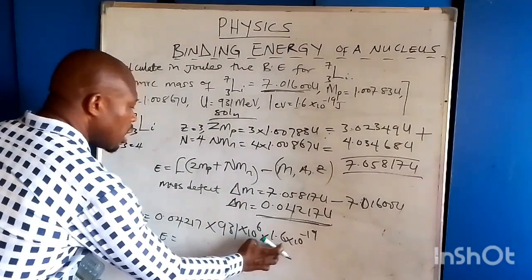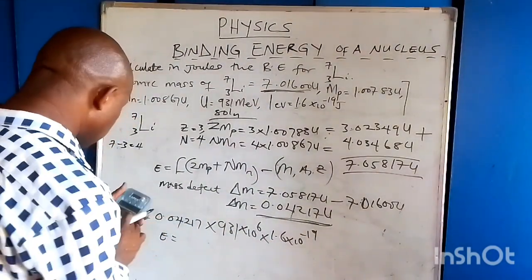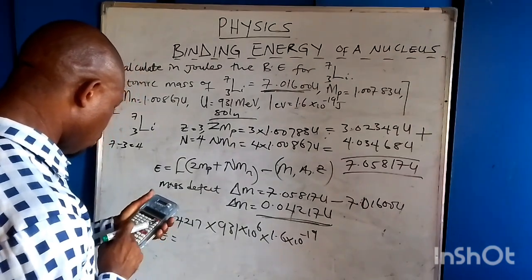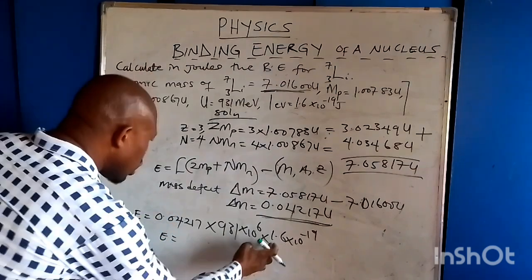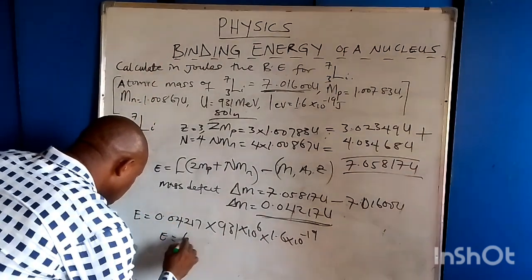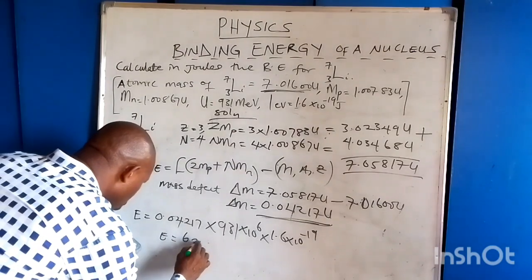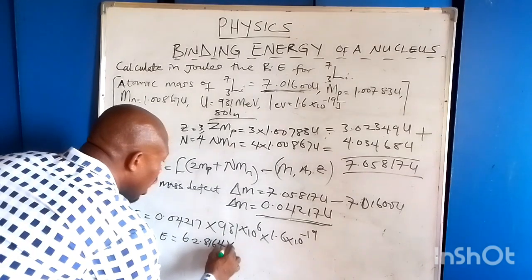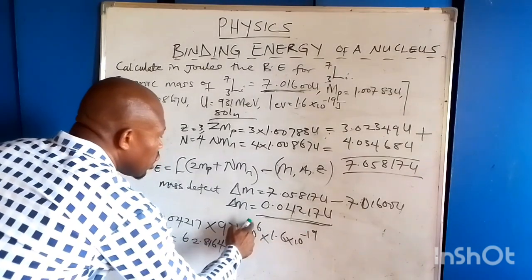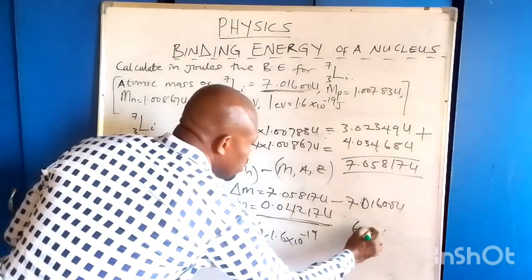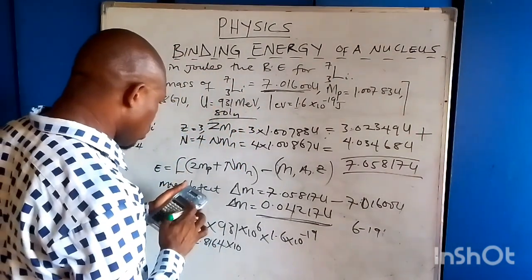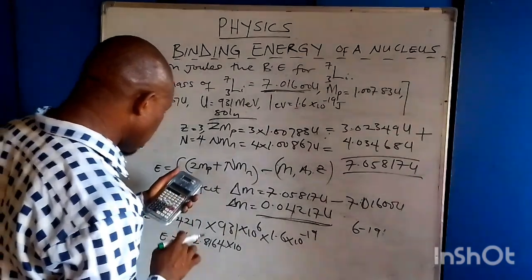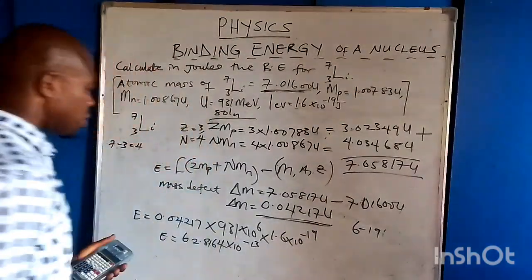Let me take the bases first. 931 times 1.6 will give us 6.28164 times 10 raised to power. Now 6 minus 19 will give us minus 13.